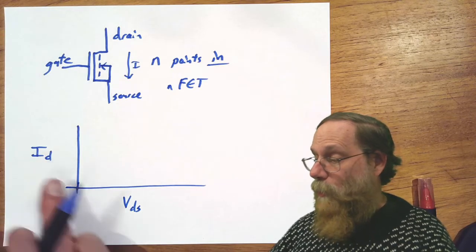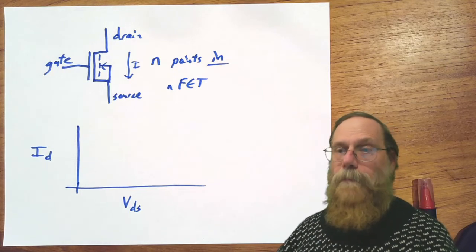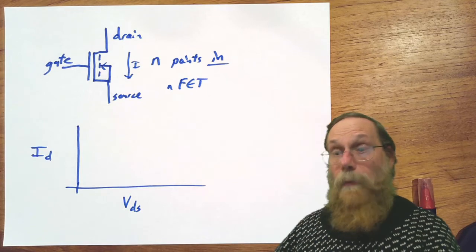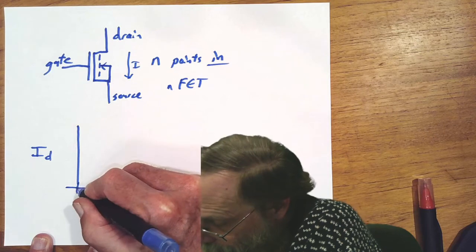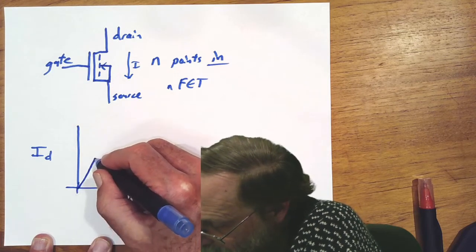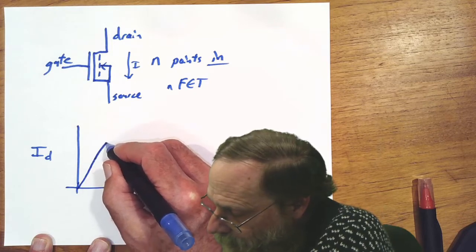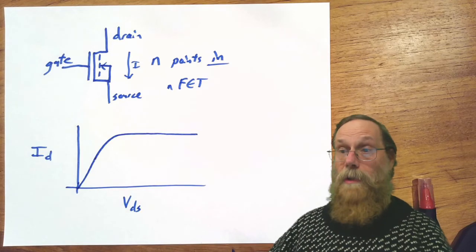Okay, so this current versus voltage plot is a pretty standard way to represent three-terminal semiconductor devices. And what do we get? Well, at very low voltages, the current goes up kind of in a straight line. And then as we get to higher voltages, it rounds off and eventually becomes pretty much constant.